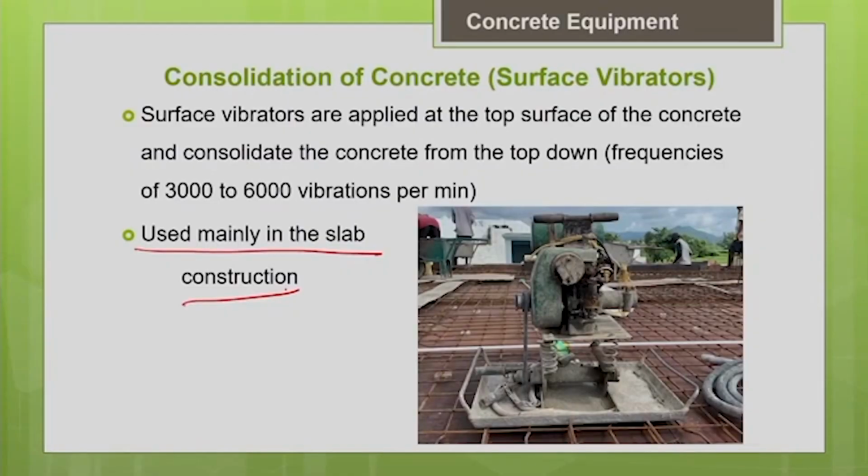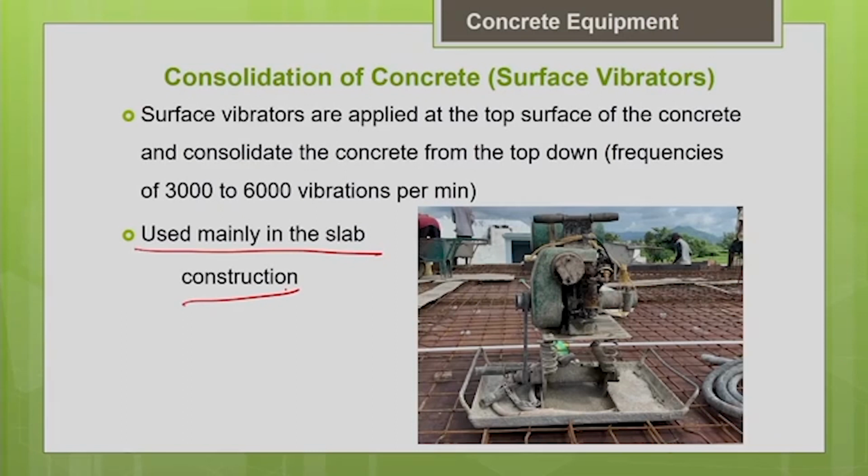Similarly, if the reinforcement is very congested, in a densely reinforced slab, it is very difficult to find the spacing to insert the vibrator between the reinforcing bars. So in those cases we go for surface vibrators. Wherever it is not feasible to use internal vibrators, we go for other forms like surface vibrators. These are mostly used in slab construction.